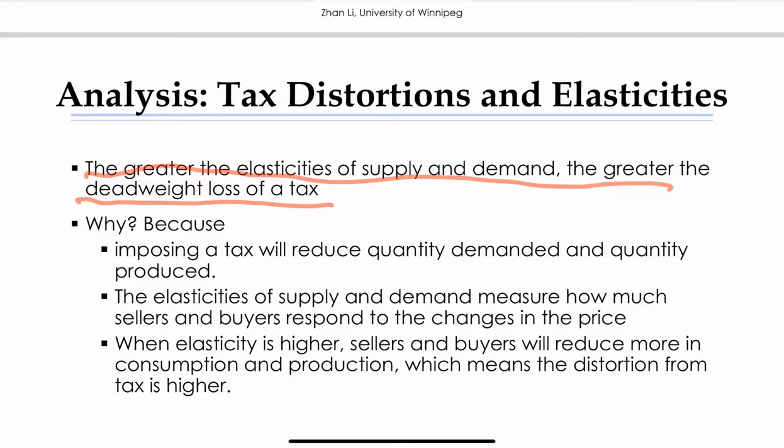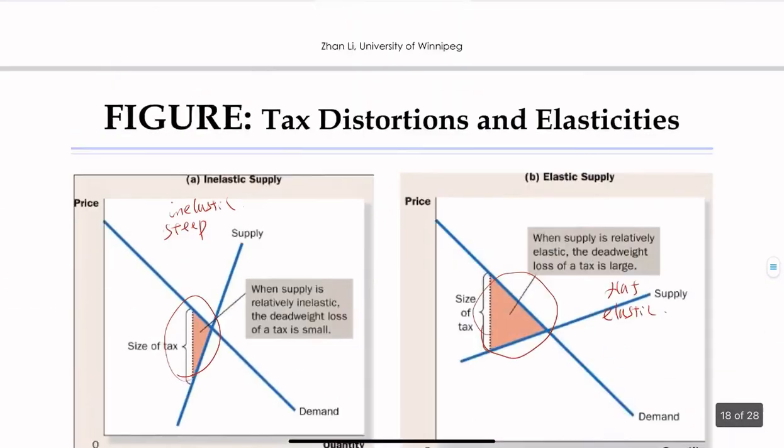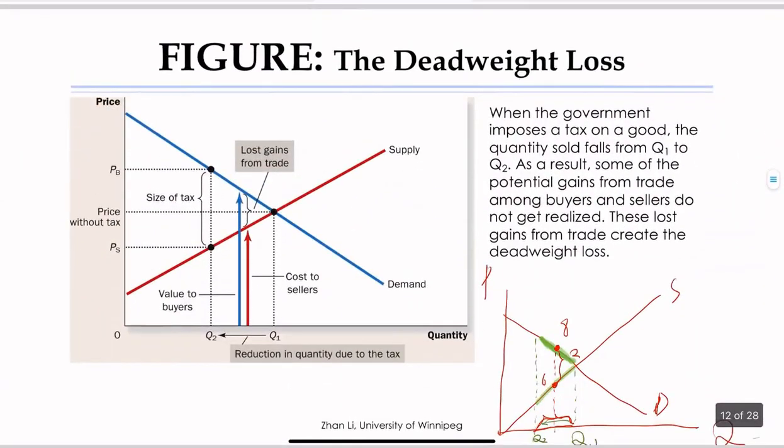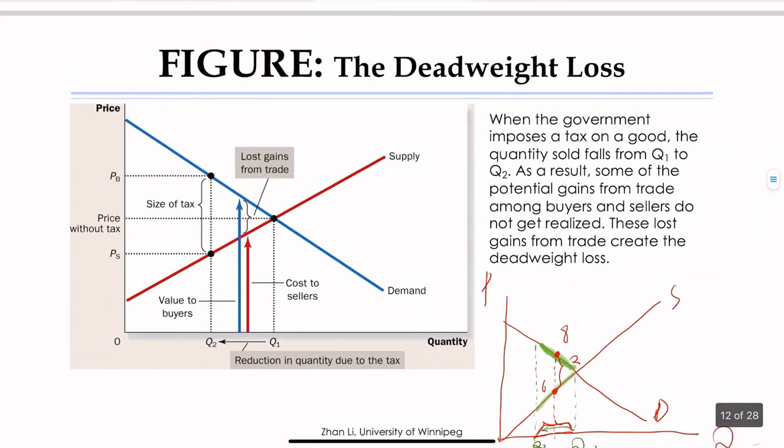Well, if you look at this graph, you would see that the reason we are having a deadweight loss is because there is a smaller quantity from tax, right? Basically, after seeing a tax, consumers and sellers will change their behavior, right?